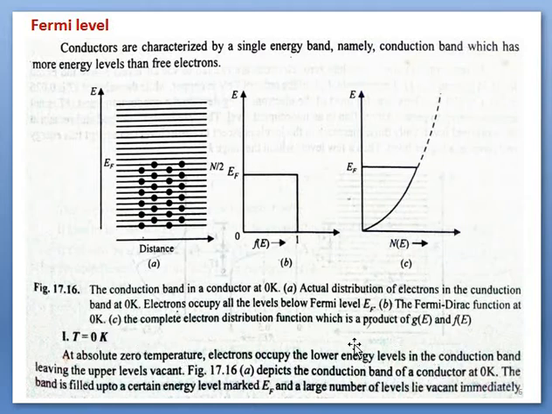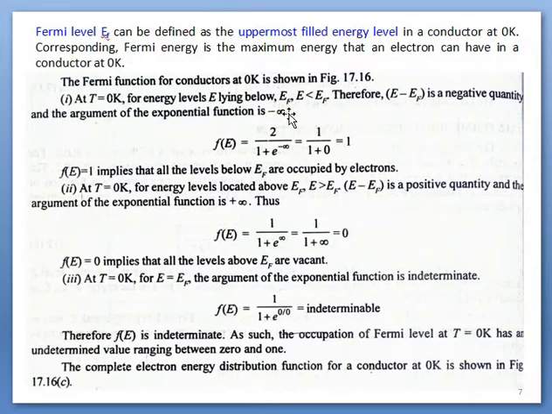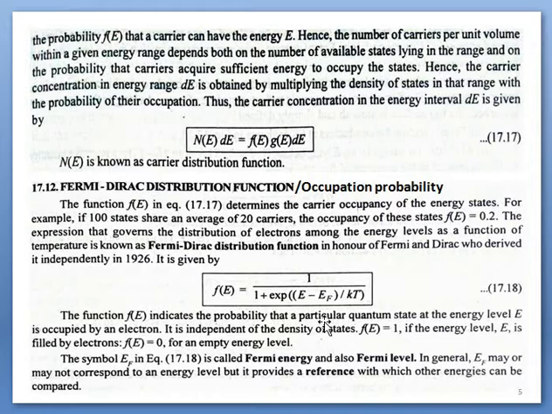Let's discuss a few cases. If the energy of electrons below Ef is E, less than Ef, and we talk about 0 Kelvin, T is 0, so 1 by 0 means infinite, and E less than Ef means minus infinite.